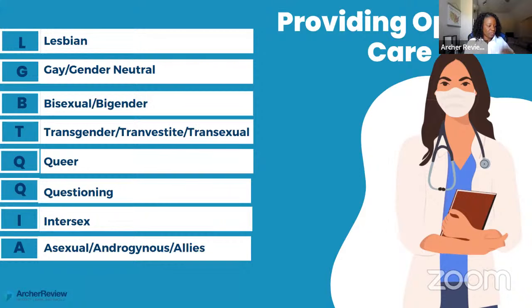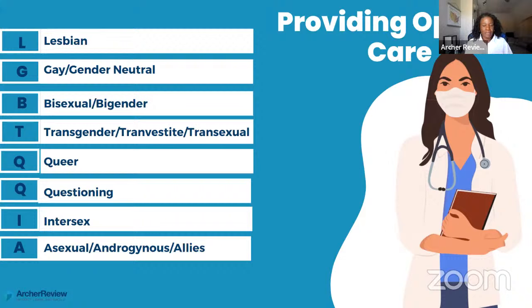Intersex is a difference in sexual development that's caused by hormonal irregularities during pregnancy. But I will describe this term in a little more detail on another slide coming up. Asexual is a person experiencing little to no sexual attraction to others.